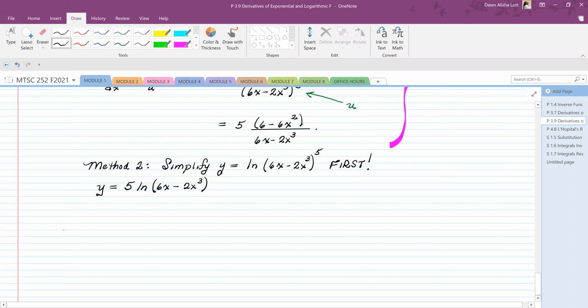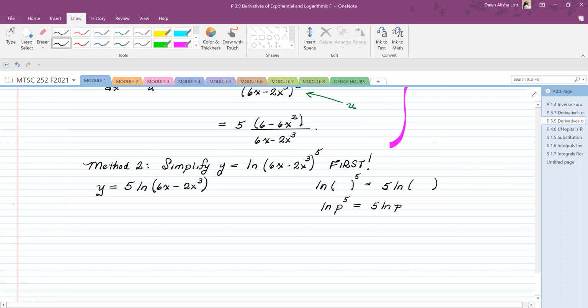That's because we can take the log of anything to the 5th power and make it 5 times the log of that thing by the power rule. The log of p to the 5th becomes 5 times the log of p.